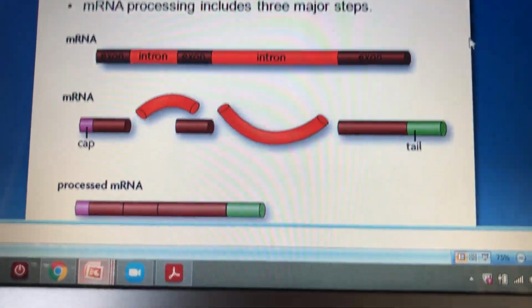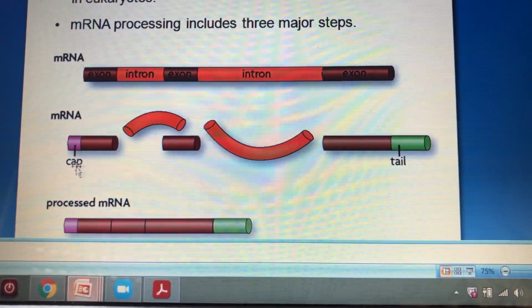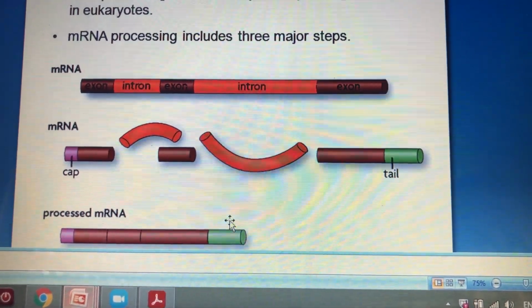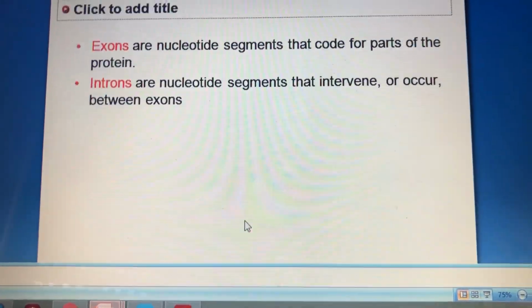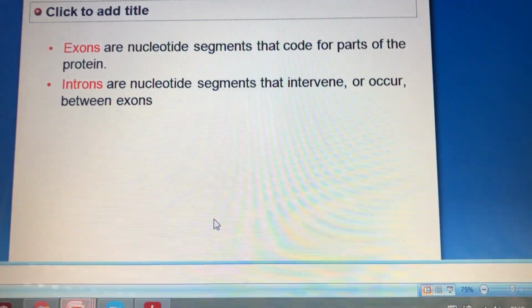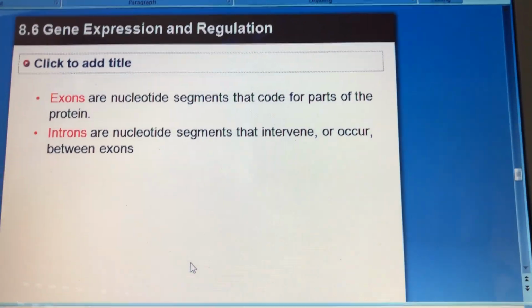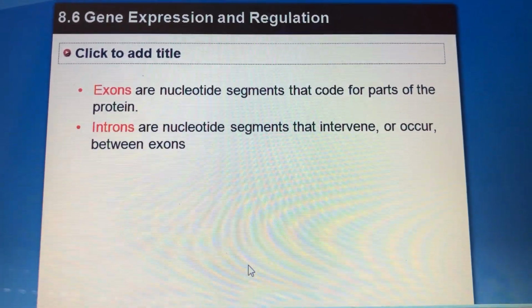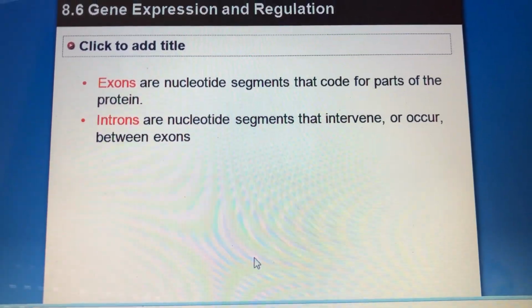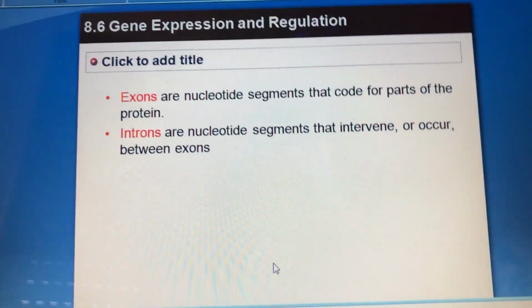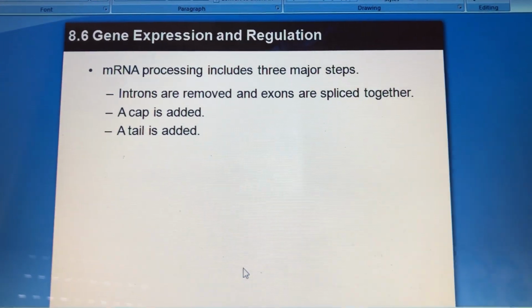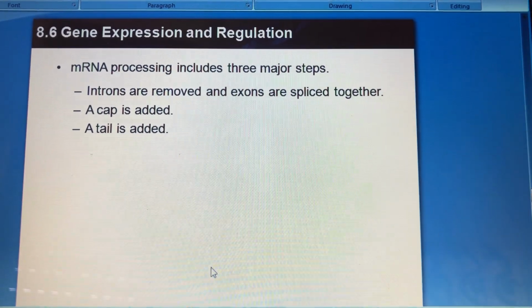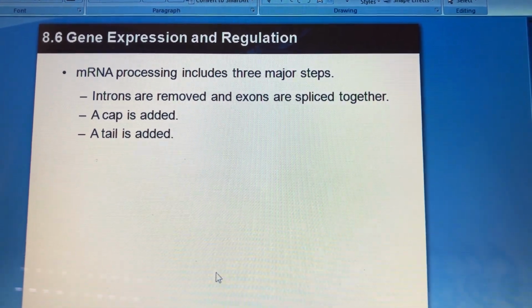The second step is that a cap will be added, and the last one is a tail for the mRNA. Exons are nucleotide segments that code for parts of the protein, while introns are nucleotide segments that occur between exons. They are non-coding parts. mRNA processing includes these three major steps.